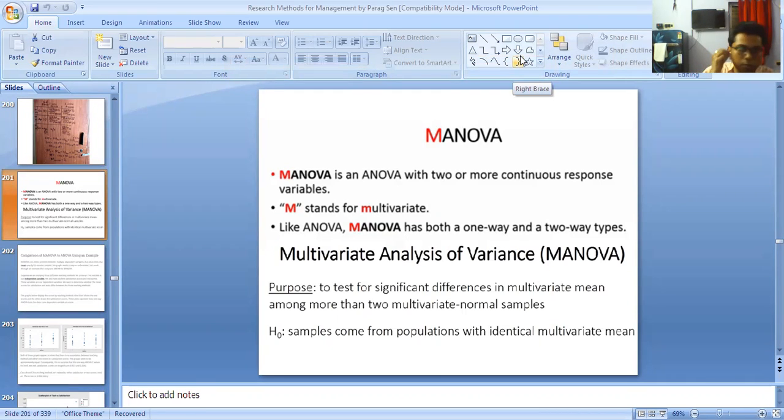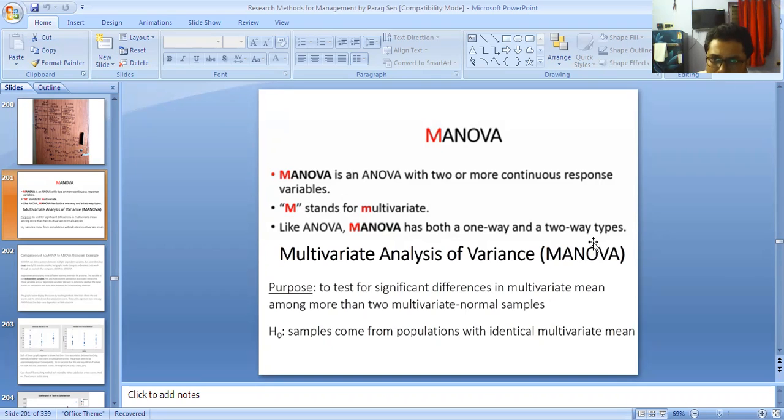If you talk about two-way MANOVA, that means you have one independent variable and two dependent variables.